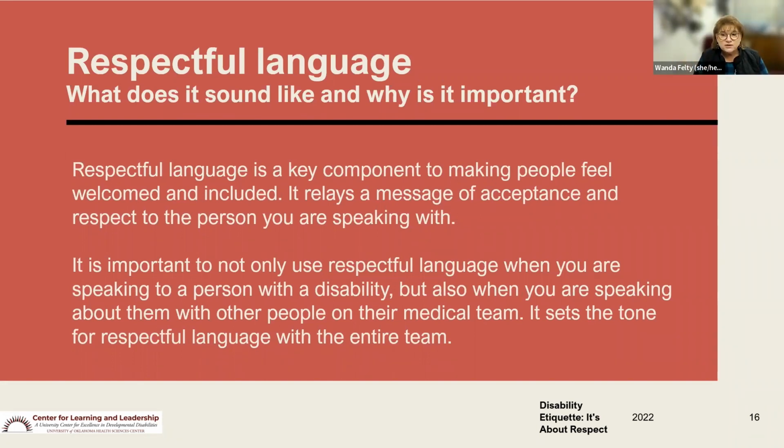Here's my example I used in a training a few months back, and I want you to hang on to this. If a person has some type of incontinence issue, they may need some kind of brief for their medical condition. I want you to always remember, babies wear diapers.